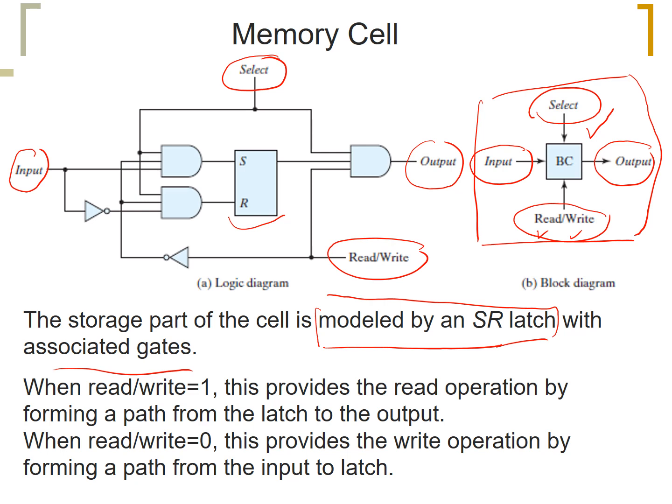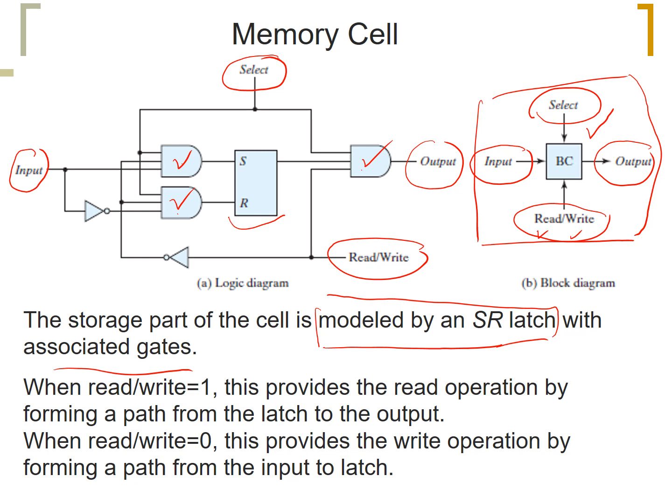The select line is connected to the AND gates at the input of the latch, this one, and the AND gate through which we take the output. And the read-write signal is connected to two AND gates here and to this gate as well.